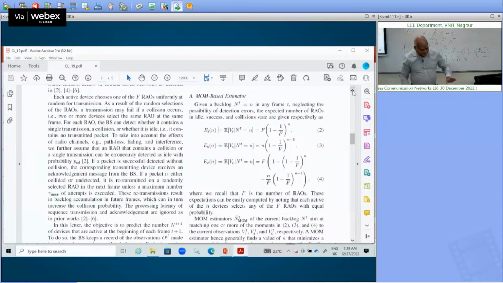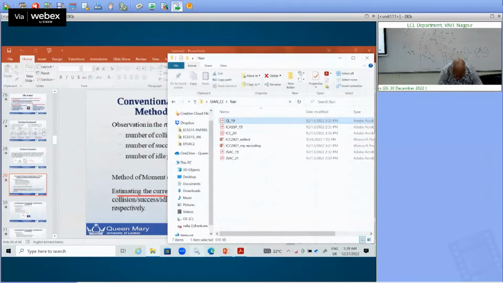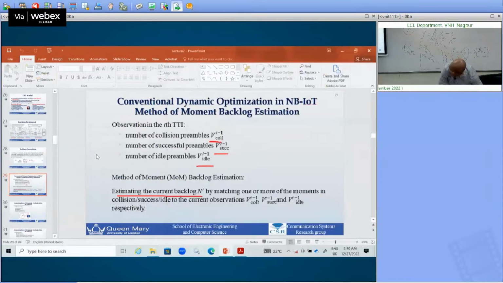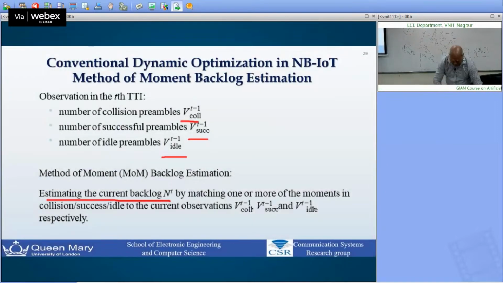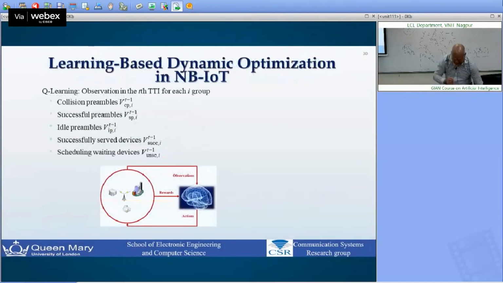So now, after these 5 observations, the agent is going to take the action.